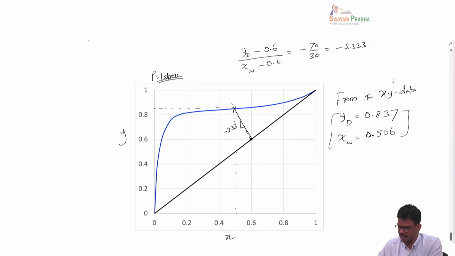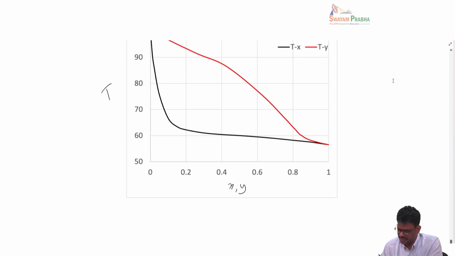YD is 0.837, so 0.837 is somewhere here, this is 0.9, and then I go vertically to the red curve, because the red curve is the TY diagram, and from here I can read the temperature, something like 60 degrees Celsius.